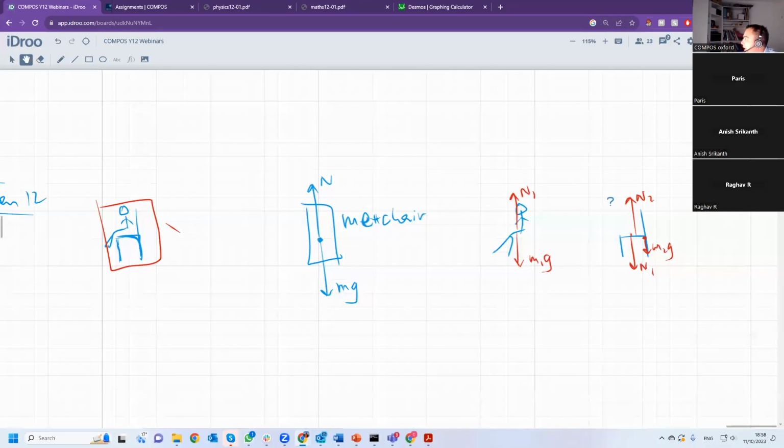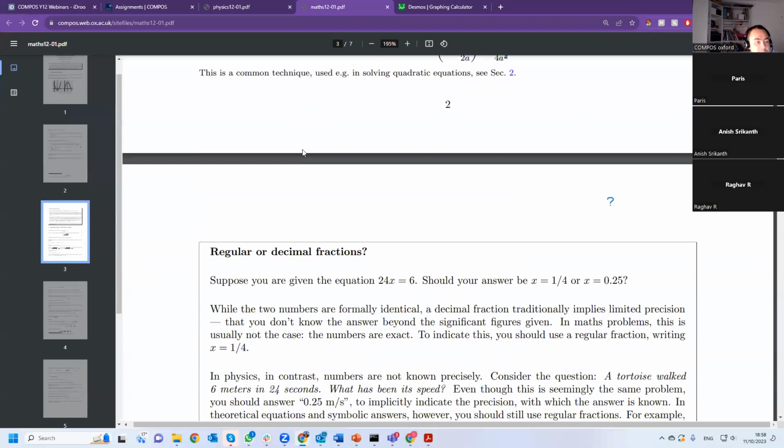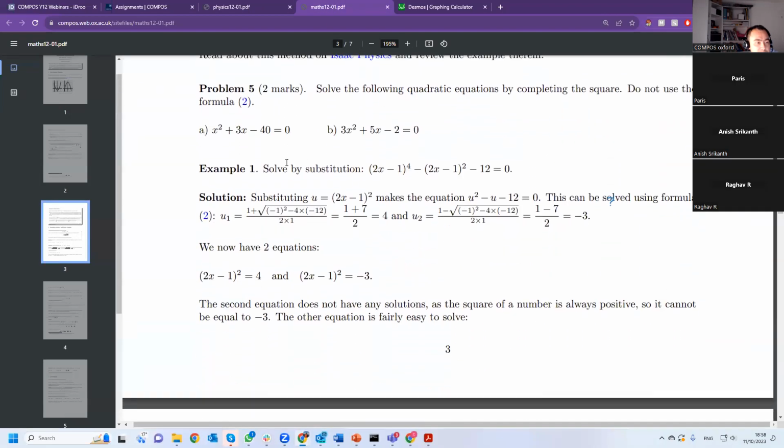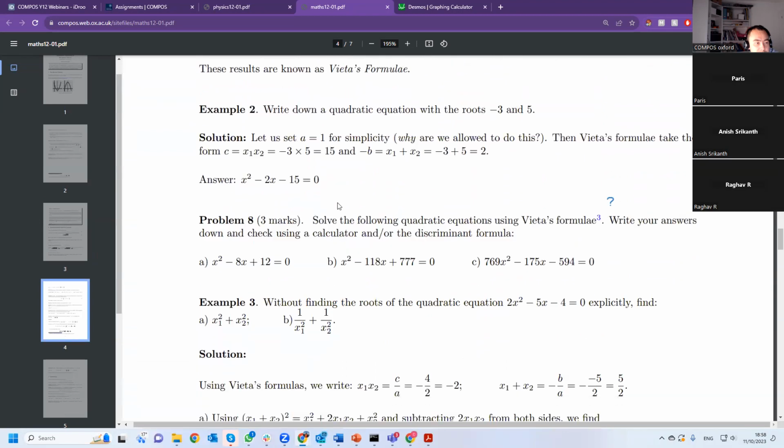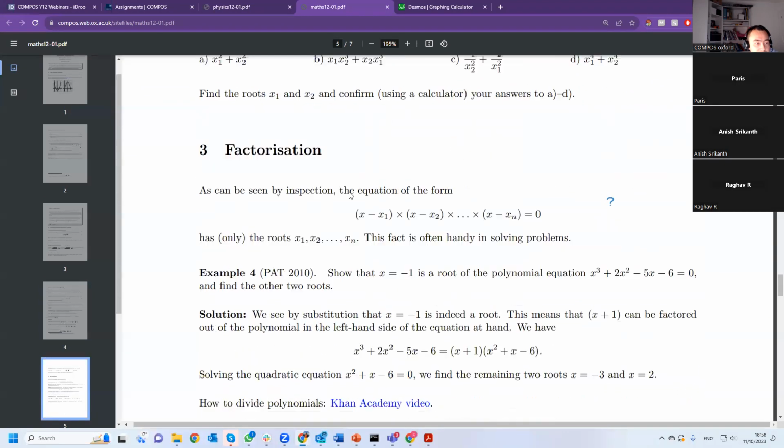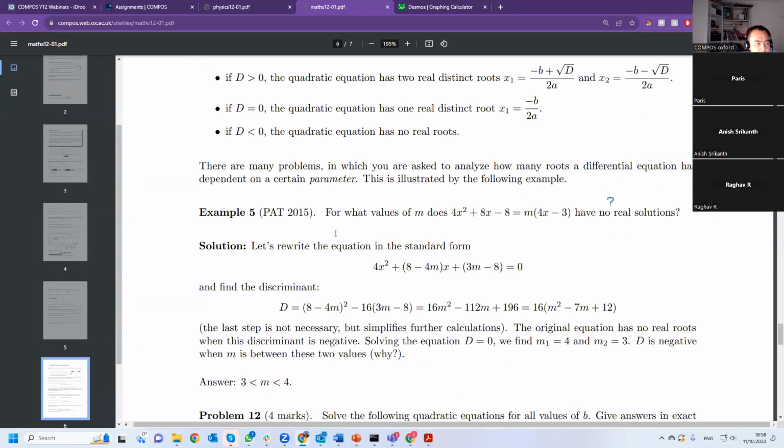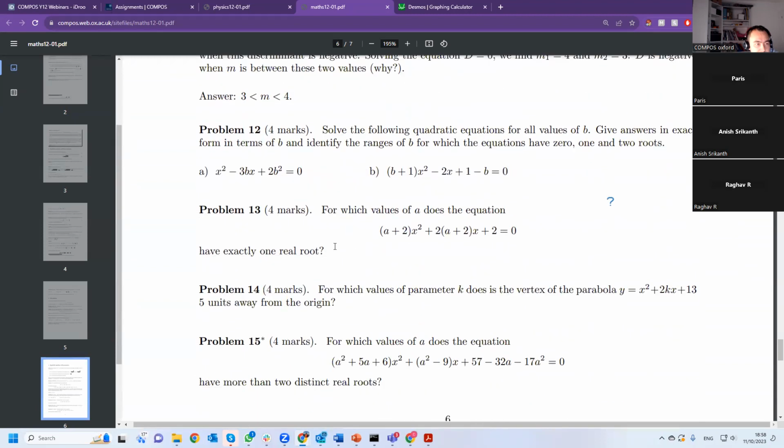For problem 13 in maths, how can A have values plural? I can only find one from the discriminant. For problem 13, which values of A does the equation have exactly one root?